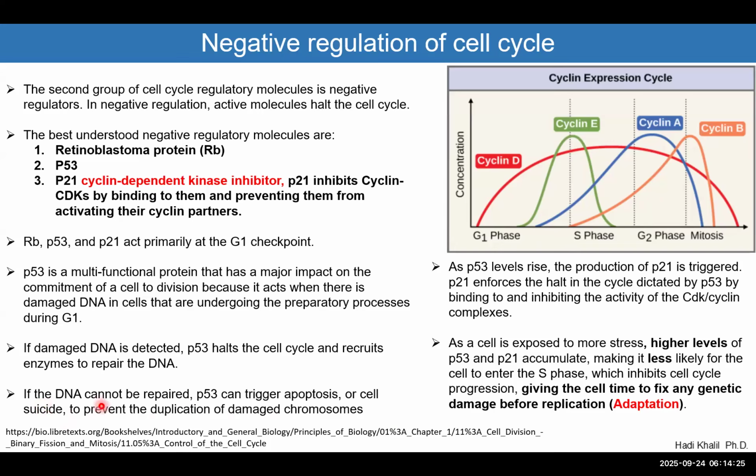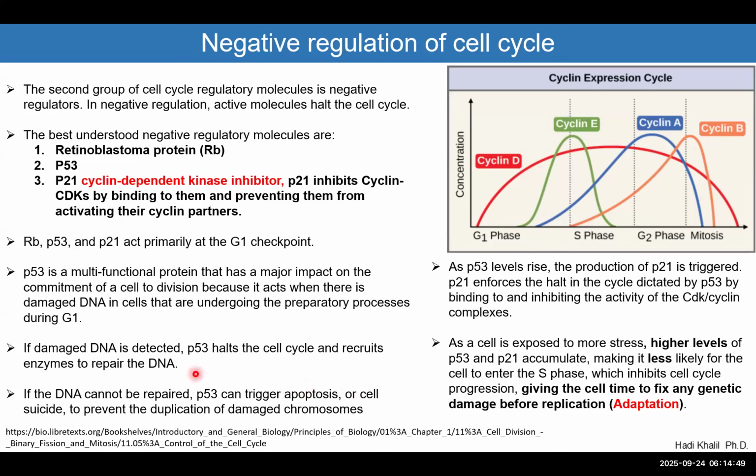If the DNA cannot be repaired, then p53 should trigger cell death, apoptosis. So apoptosis is one form of organized, regulated cell death. Okay, we will be describing types of cell death at the end of this lecture, at the beginning of the next lecture.